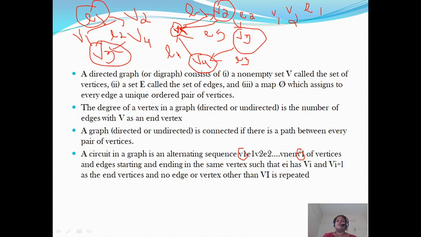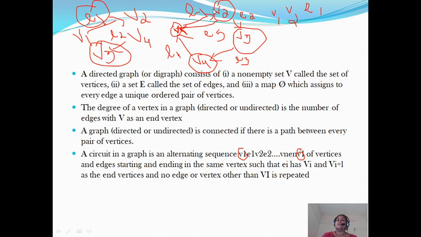Circuit in a graph means that you start from a vertex and move with alternating edges and vertices. For example, V1, then take an edge, then take the next one. When you are taking V1, the edge must be what?